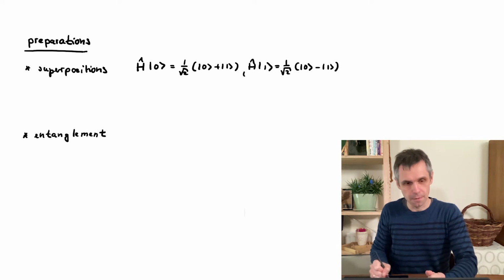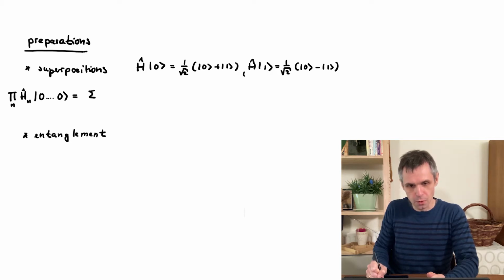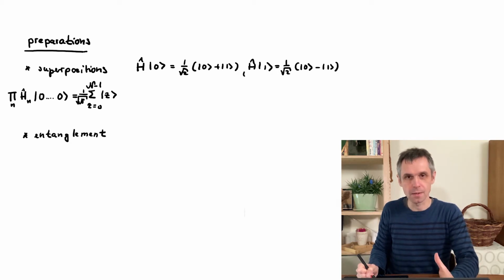And when it comes to a system with many qubits, we had already established that when we apply Hadamard gates to all of them, and I'll just write this as a product of Hadamard gates here, and say we apply this to the state where all the quantum bits are initially set to 0, then we obtain a superposition of all the computational basis states, and I will enumerate these now by an integer z, running from 0 to capital N minus 1, and this will then be normalized by a factor 1 over root N, which indicates that all of these computational basis states now appear with the same probability.